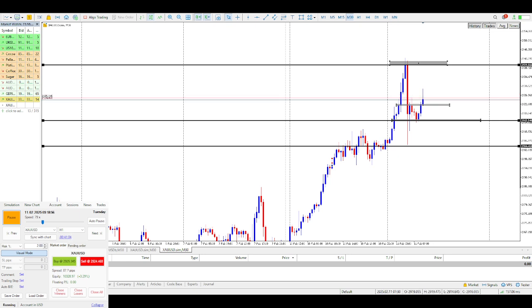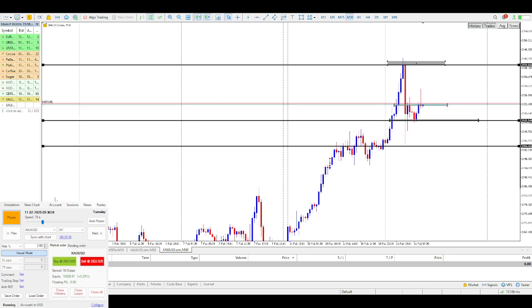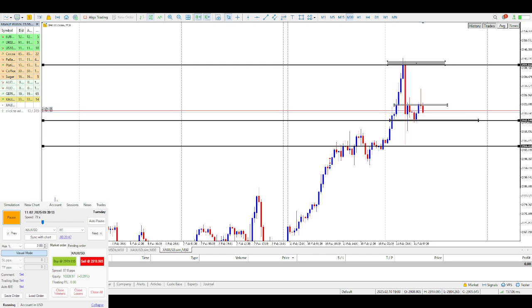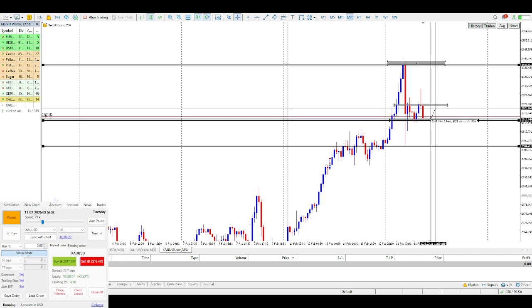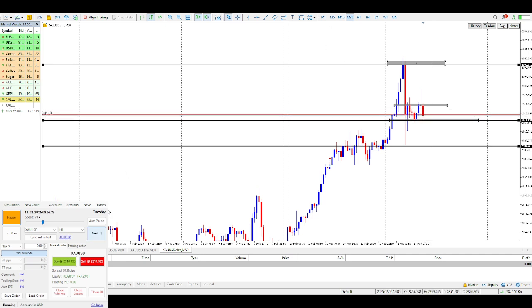Better sales will be below this support at 29.15. This range is of how many pips? 50. Okay.